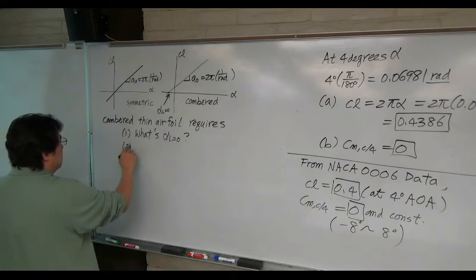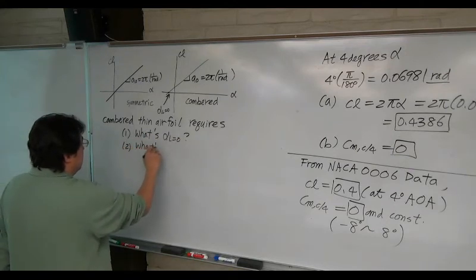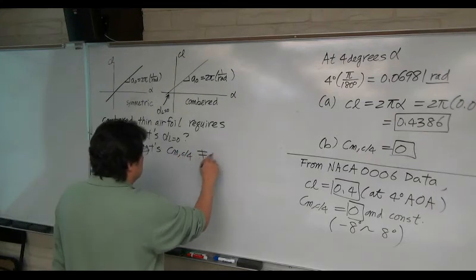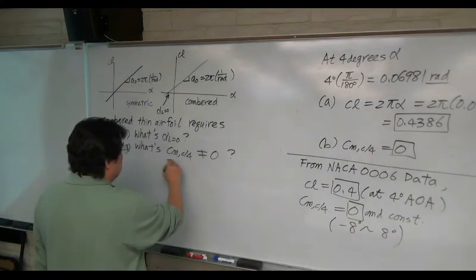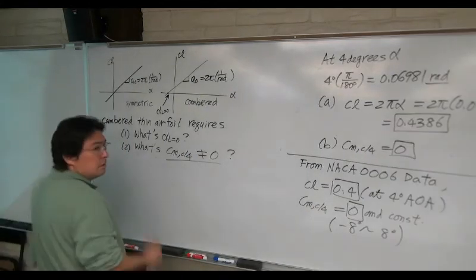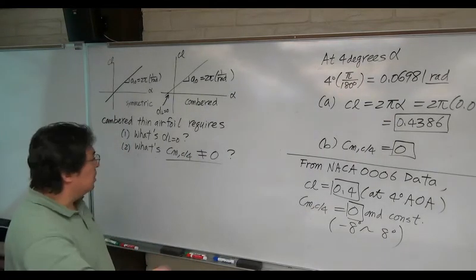And number two, what's CM quarter-chord, which is not zero. Remember, if it's a symmetric airfoil, this is 0. If it's cambered, this is not 0.